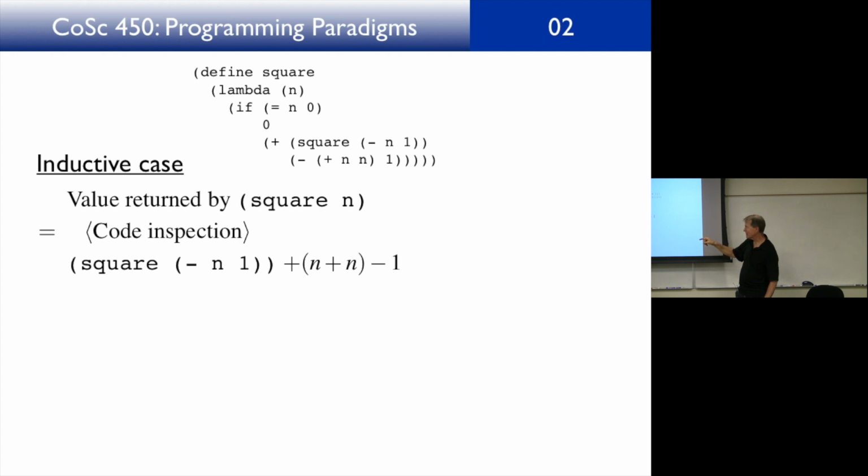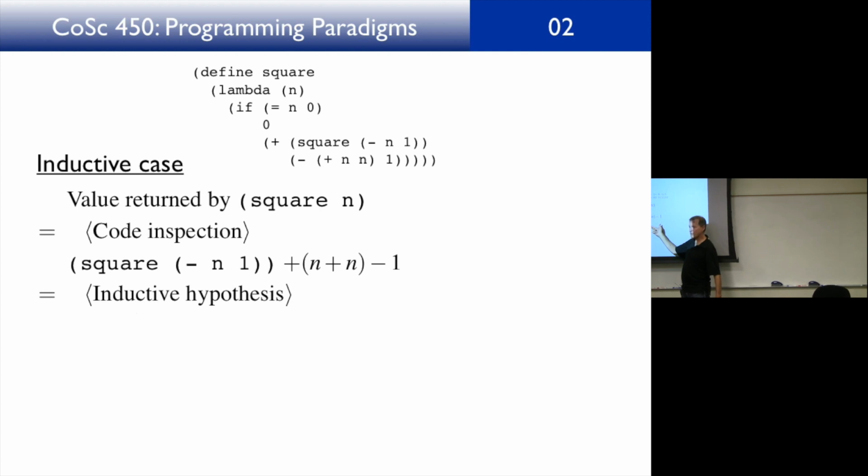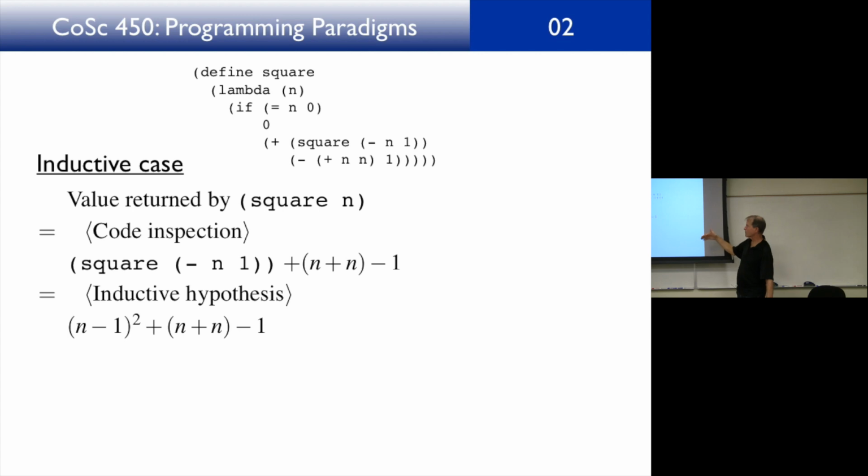Is everybody good? We have to bring this one down. But we know by the inductive hypothesis what this does. Are you with me? So this is n minus 1 squared, plus, and then we bring that down.